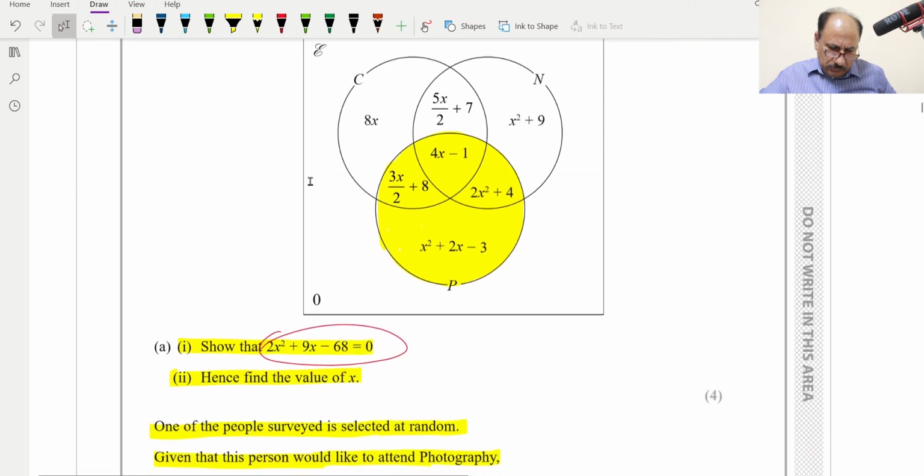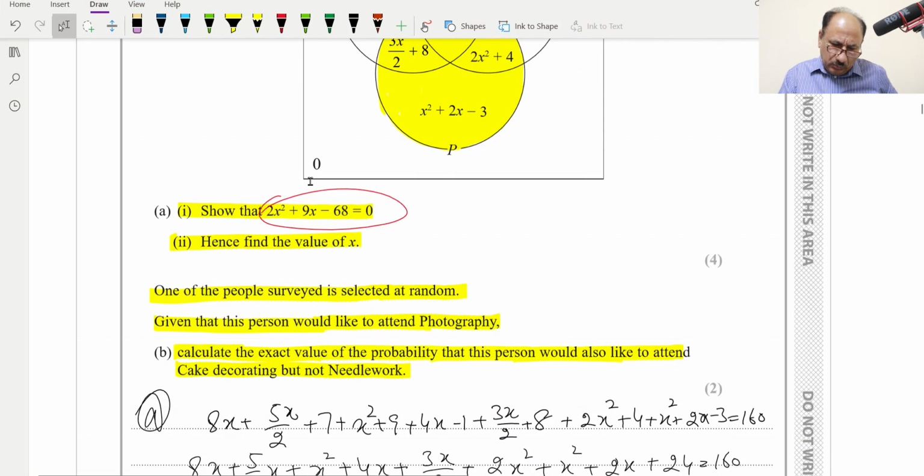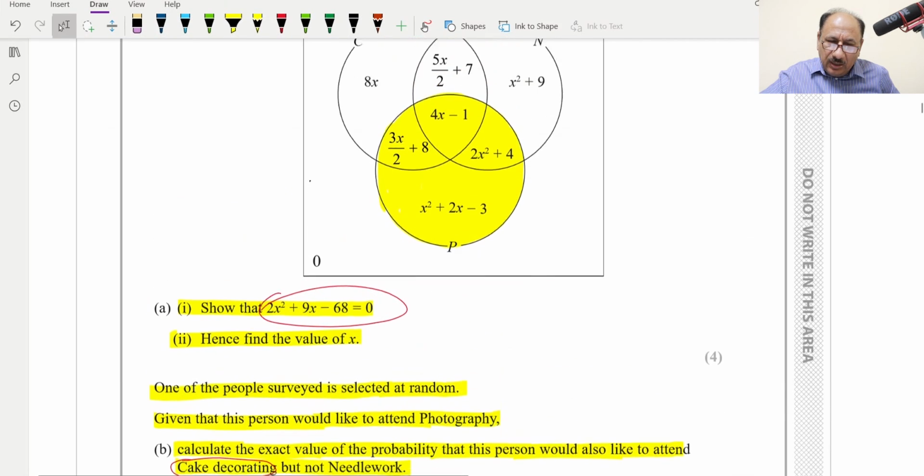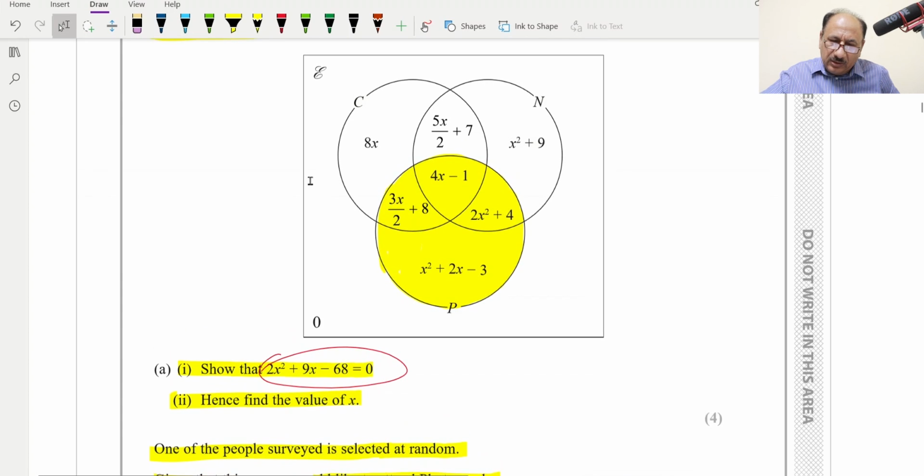So if we go through, calculate the exact value of probability that this person would also like to attend cake decorating. Cake decorating will be this portion, this portion and this portion, but not needlework, so this will not be included.